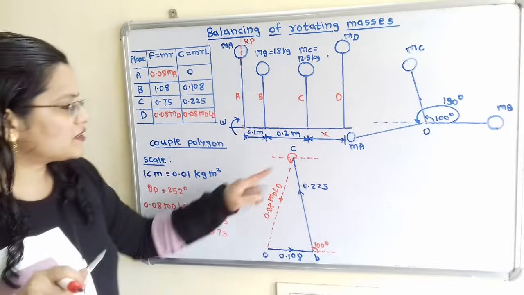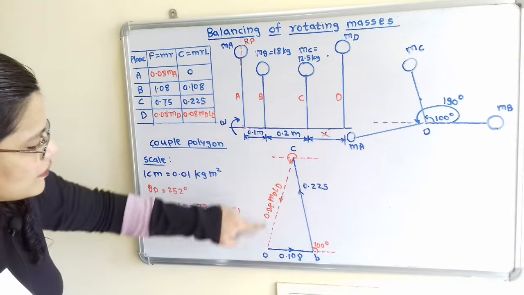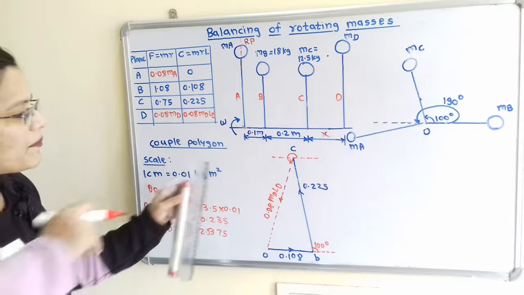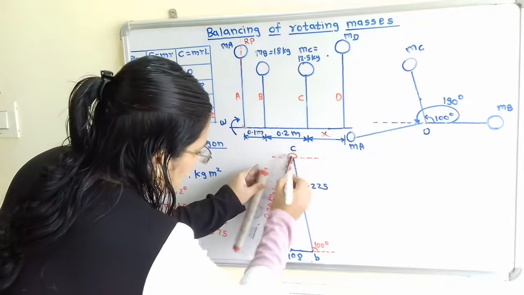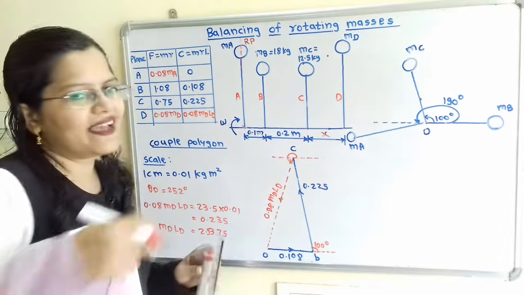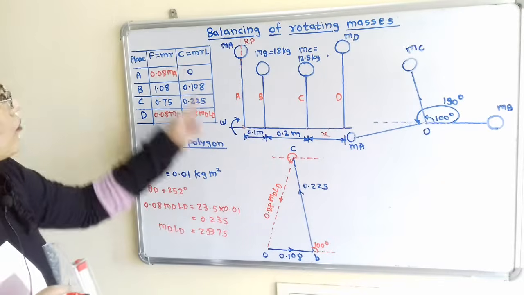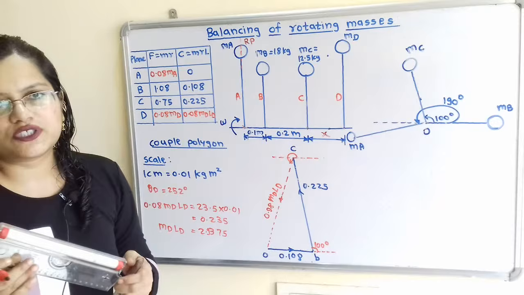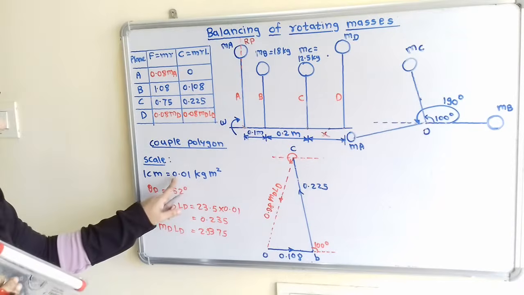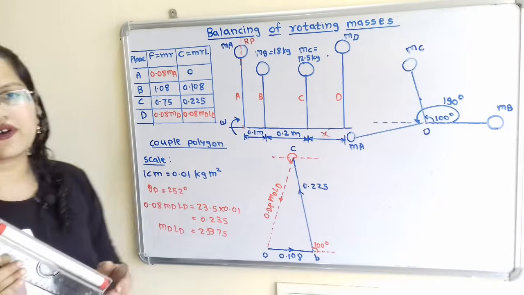Now what is the measurement of this scale? That is from C to O. If we measure C to O, we get 23.5 centimeter. Its value we have to convert into kilogram meter square. So 1 centimeter is equal to 0.01 kilogram meter square.